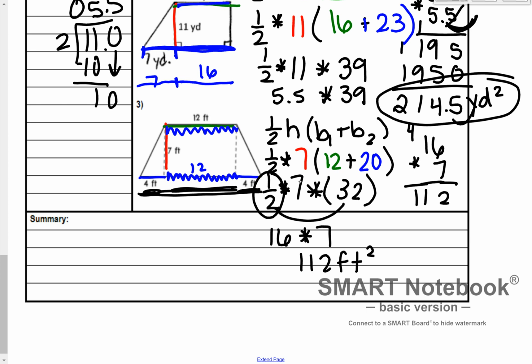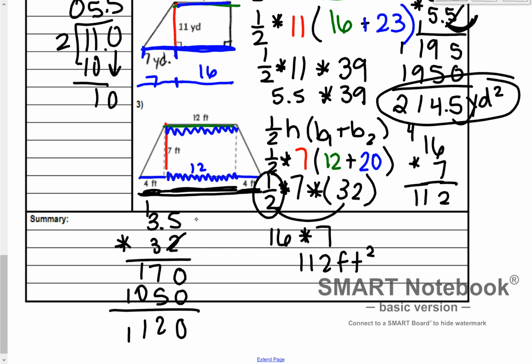If I took 1/2 of 7 and I did 3.5 times 32, I'm going to end up with this same answer. One number after a decimal, no numbers after a decimal, one number after a decimal.